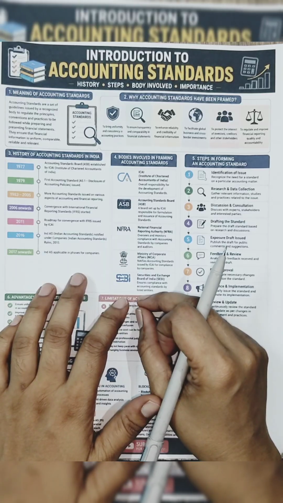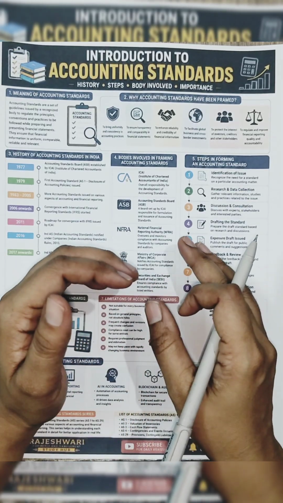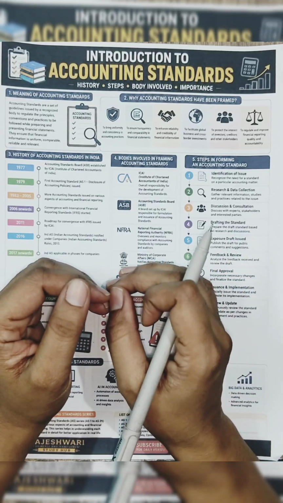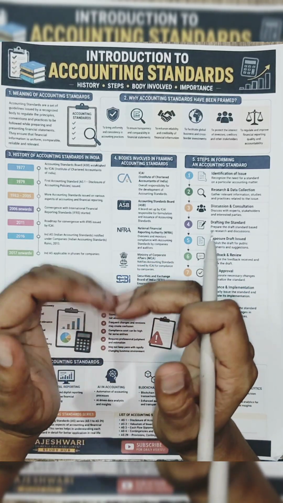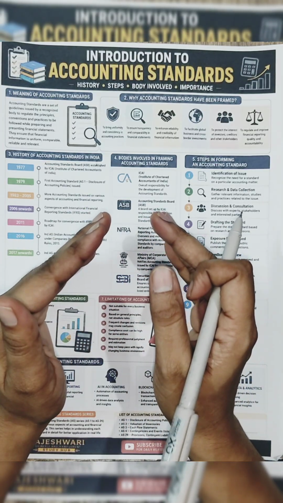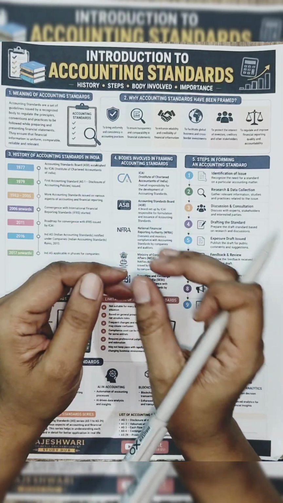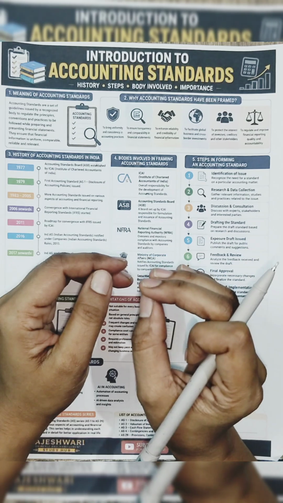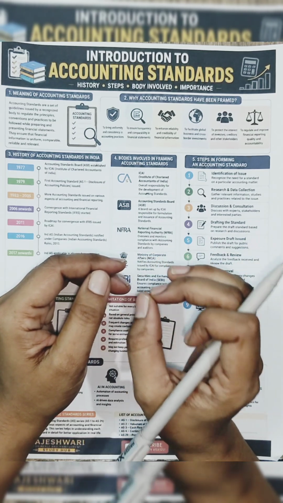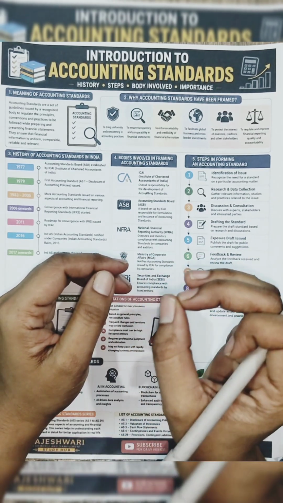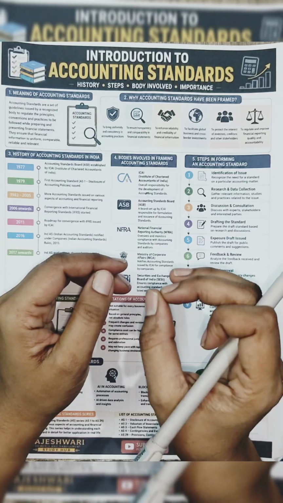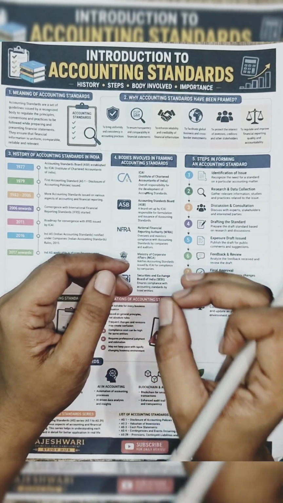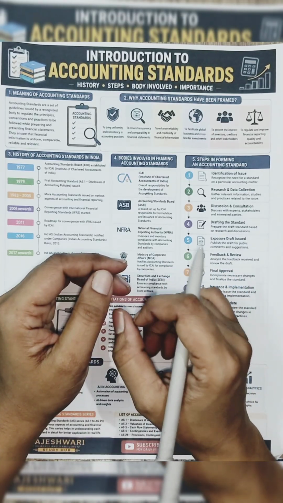What is an accounting standard? An accounting standard is a set of guidelines issued by whom? If I issue or you issue, will you be able to follow? No. It is issued by a recognized body, and it regulates the principles, conventions, and practices you are supposed to follow for preparing and presenting the financial statements.